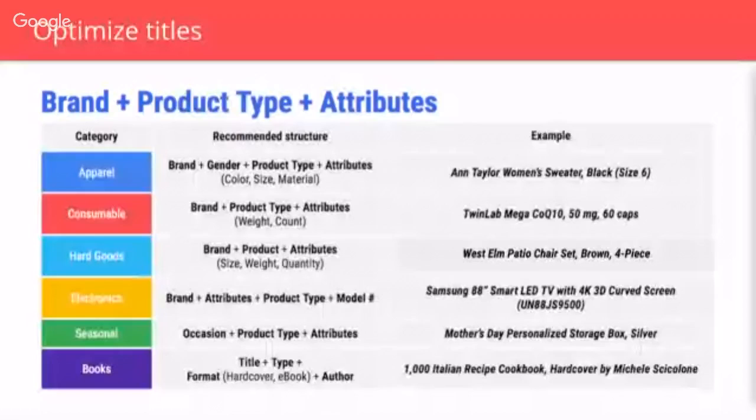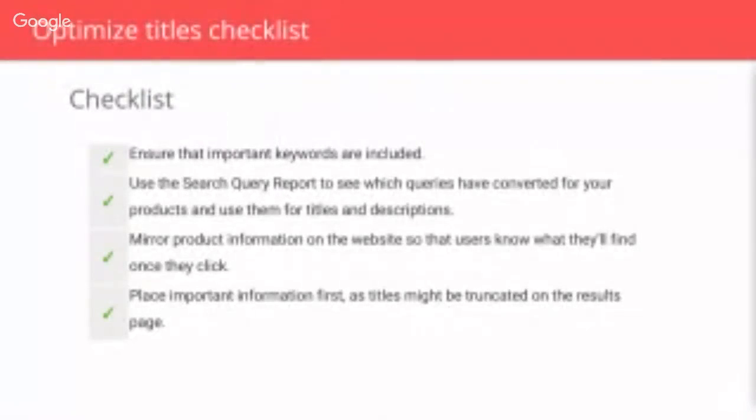All right. In terms of the titles, let's go through this checklist very quickly. Again, ensure that your most important keywords are included in the title, and keep in mind the 35 and 70 character truncation.